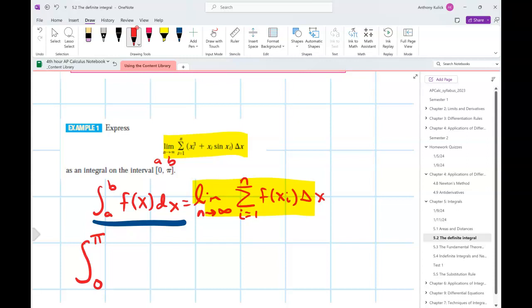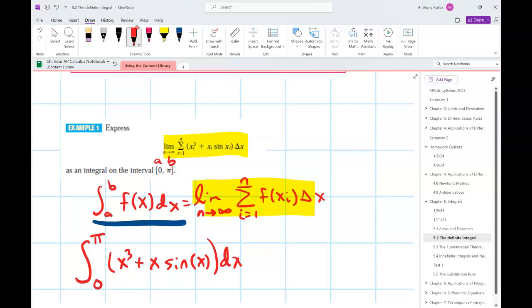And now I need my f of x dx. So what does my f of x have to be? Good. And notice that Braden dropped the subscript of i on there. You must do that. And we're done. That's it.